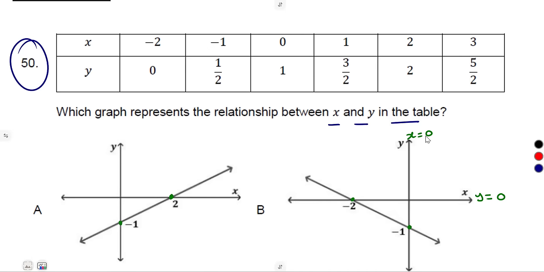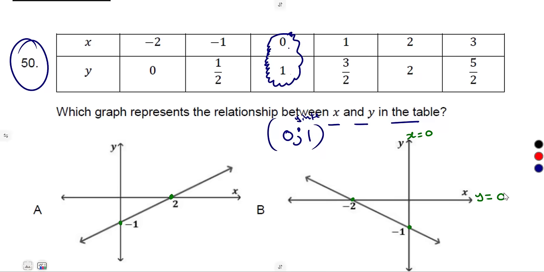So look into the table and see if there's a condition where x is 0. Guys, it's there, here. So when x is 0, what is the value of y? X is 0, y is 1. So 0, 1 is our y-intercept.